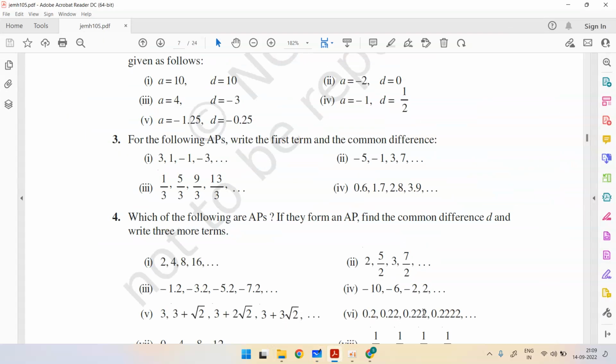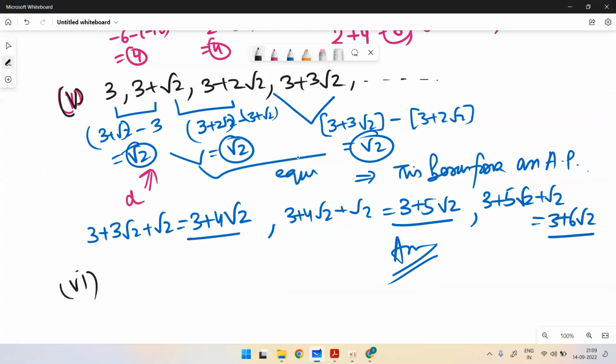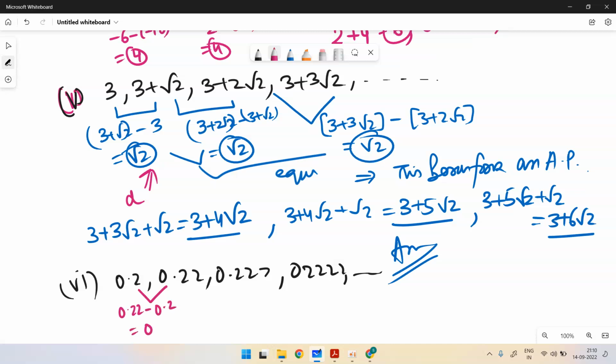Now, what is the sixth part? This is 0.2, 0.22, 0.222, 0.2222. From here, what is the common difference? 0.22 minus 0.2 is nothing but 0.02. Then 0.222 minus 0.22 is nothing but 0.002.